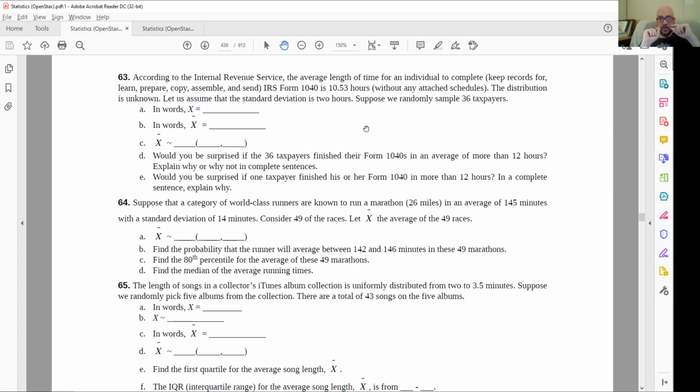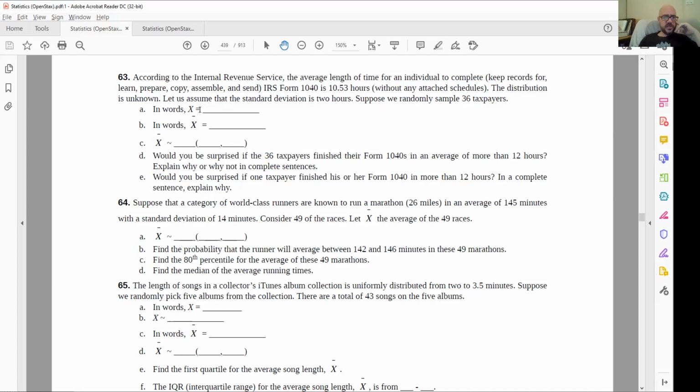Either the underlying population is normally distributed, or the sample size is large, which for us means 30 or more. Here they specifically say that we don't know what the distribution is. The distribution is unknown, so we can't use the first of those. We have to hope that we took a big enough sample, which we did. We randomly sampled 36 taxpayers. That's big enough for our purposes. So got to watch out for that, especially with unknown distributions.